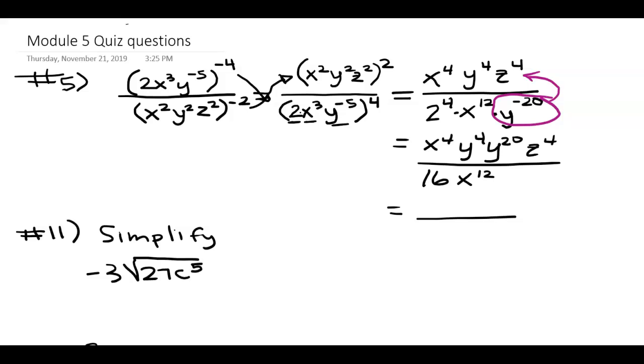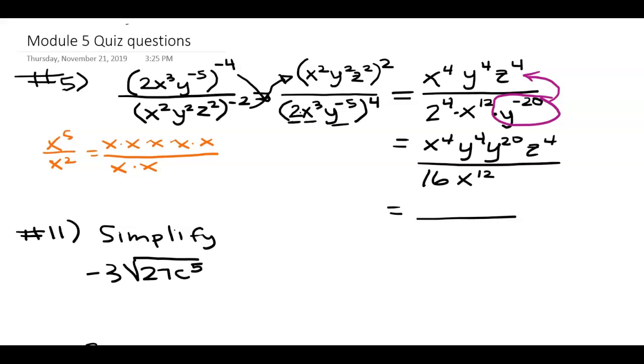Let me just do a little side note over here. If I had something like x to the 5th over x squared, then that's really saying x times x times x times x times x, and then I have 2 x's on the bottom.